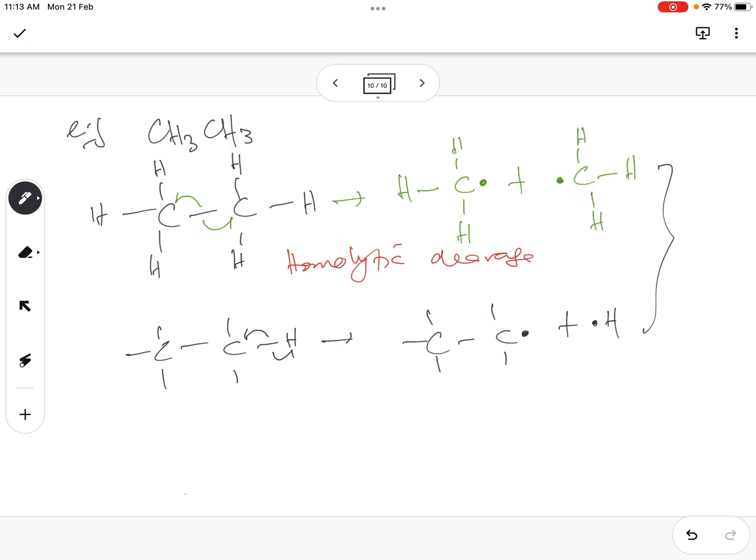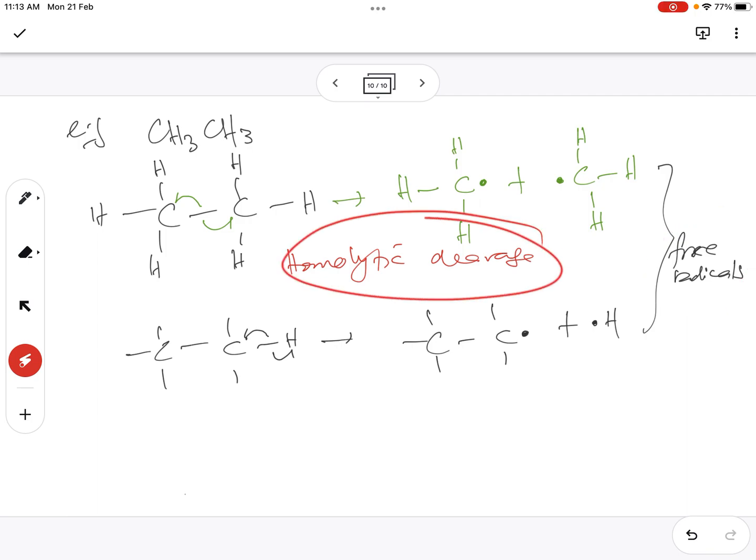All these are known as free radicals. Okay? And we must remember, free radicals are produced from homolytic cleavage between atoms of similar or almost similar electronegativity.